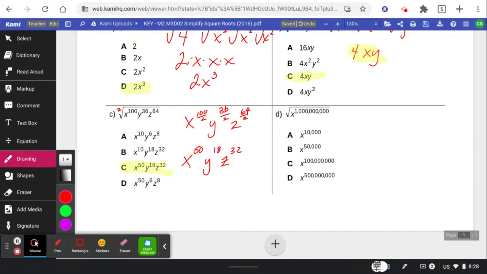And finally, what's half of this? This is a billion.